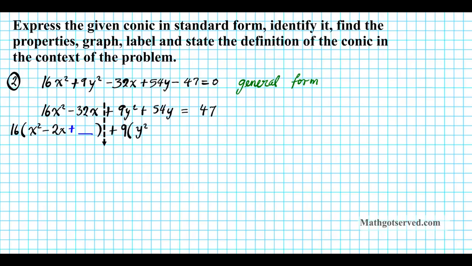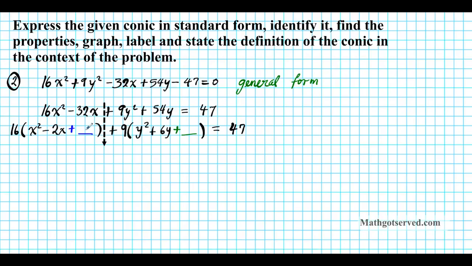If we factor out 9 from 54y, we'll have 6y. And then we're going to add a term that completes the square in the y world. Okay, so plus that term that completes the square equals negative 47. Now what are we going to add on the right side to make sure that we have a balanced equation?